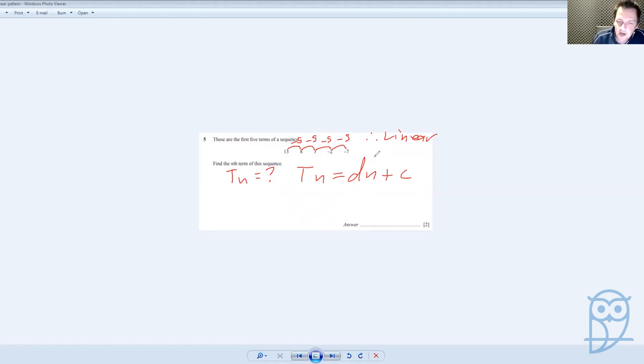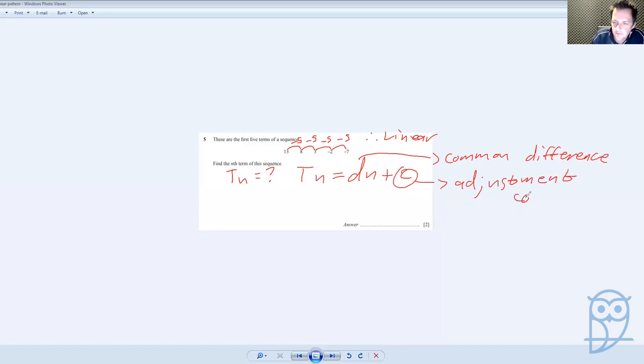It doesn't matter what the letters are, just as long as you know that d is my common difference and that c was my adjustment constant, and to calculate c, it was T1 minus d. All right, so my common difference, in other words, what am I doing to each term to move from the next term to the next term to the next term? I'm subtracting 5, so Tn equals minus 5n.